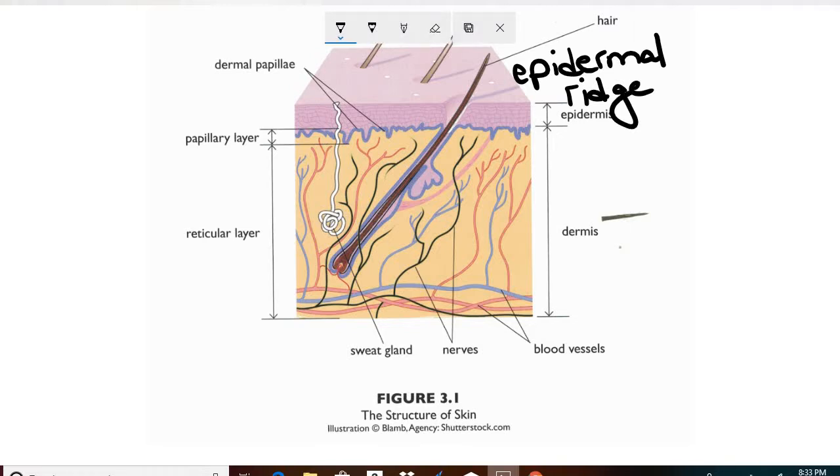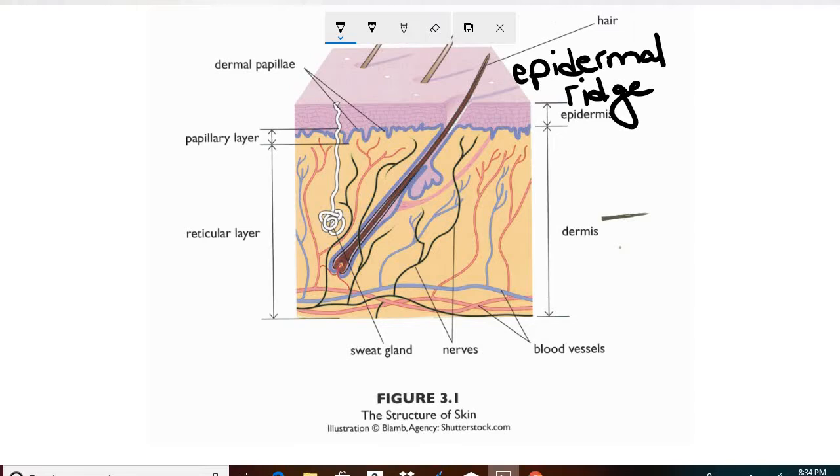So you may or may not know, some of you who took forensic science know that fingerprints are a better identification even than DNA, because identical twins have the same DNA, but they have different fingerprints. So these epidermal ridges, in terms of their purpose, help to increase the friction between surfaces.